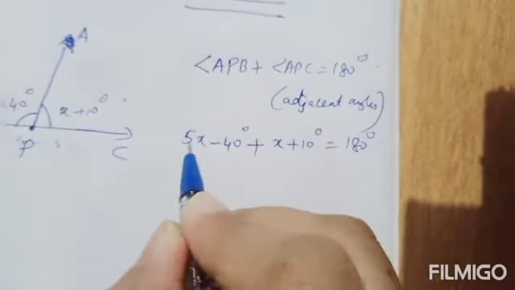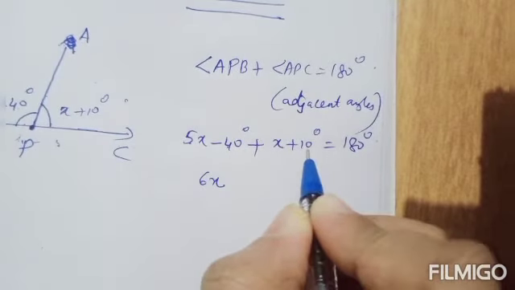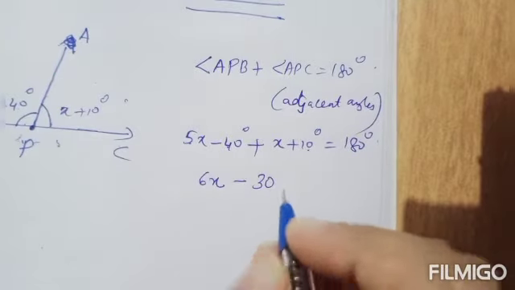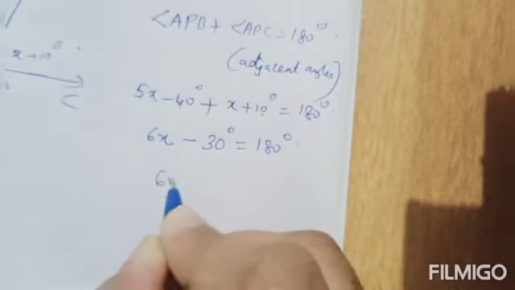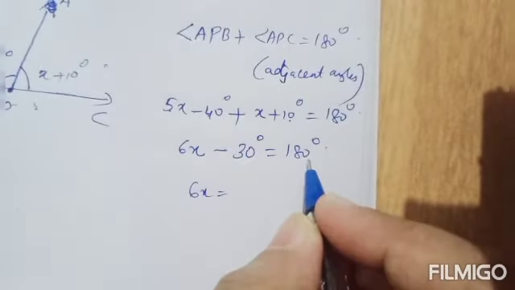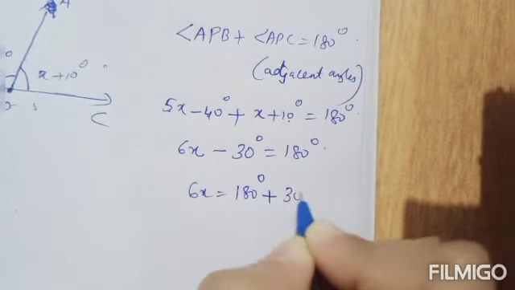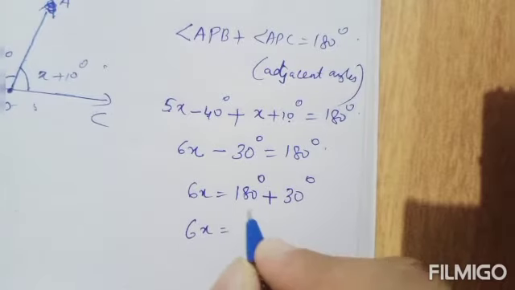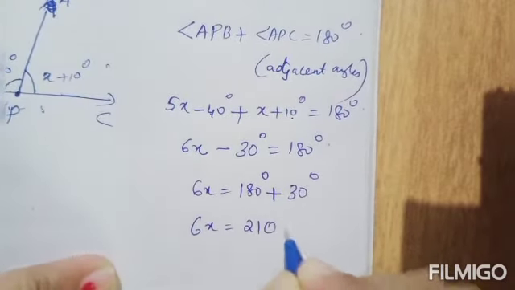Now 5x plus x is 6x, minus 40 plus 10 is minus 30 degree, equal to 180 degree. Now 6x equal to 180 degree plus 30 degree, taking minus 30 to the other side. That is 6x equal to 210.